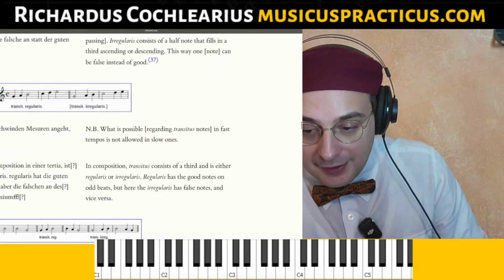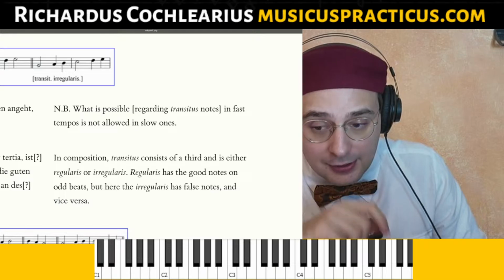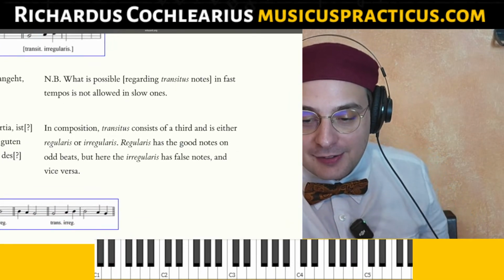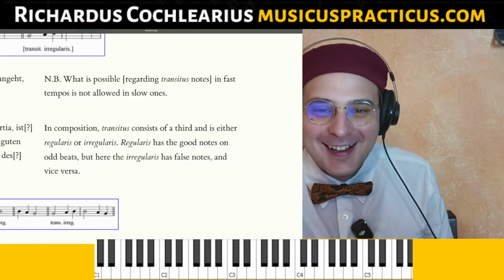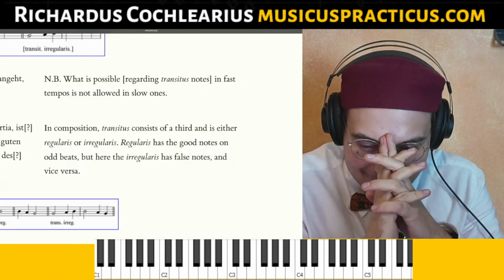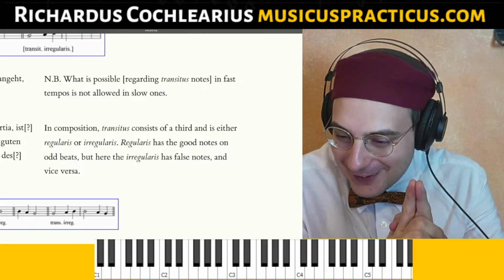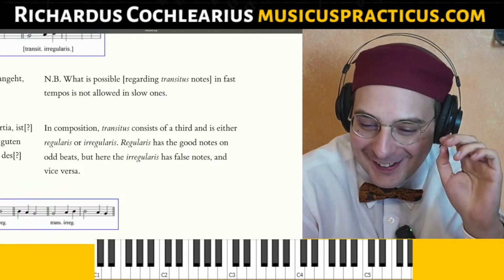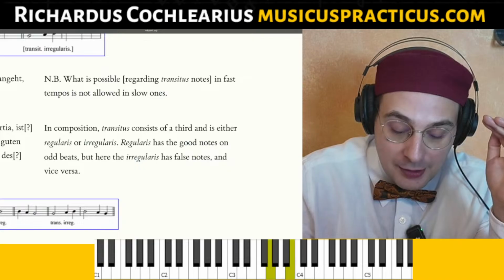What is possible regarding transitus notes in fast tempo is not allowed in slow ones. True. In composition, transitus consists of a third and it is either regularis or irregularis. Okay, because in order to put a transitus you need a third.